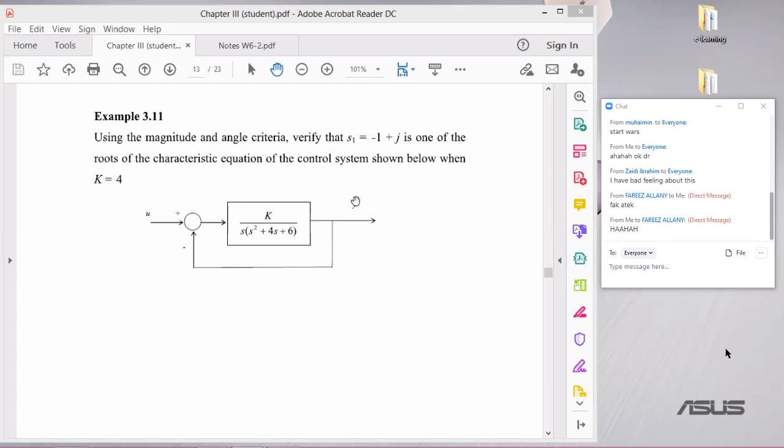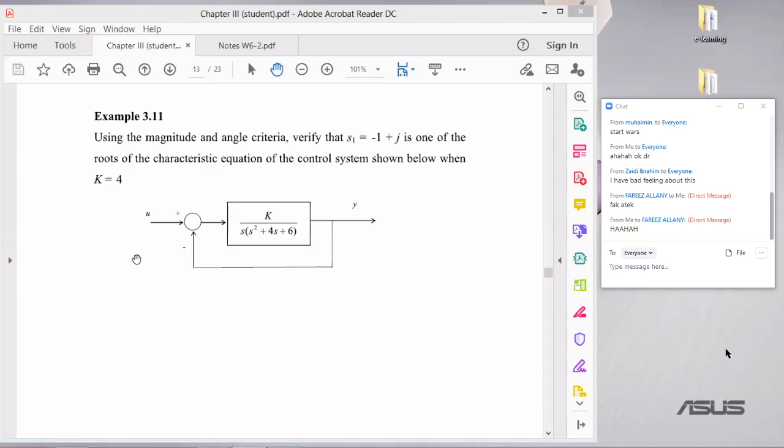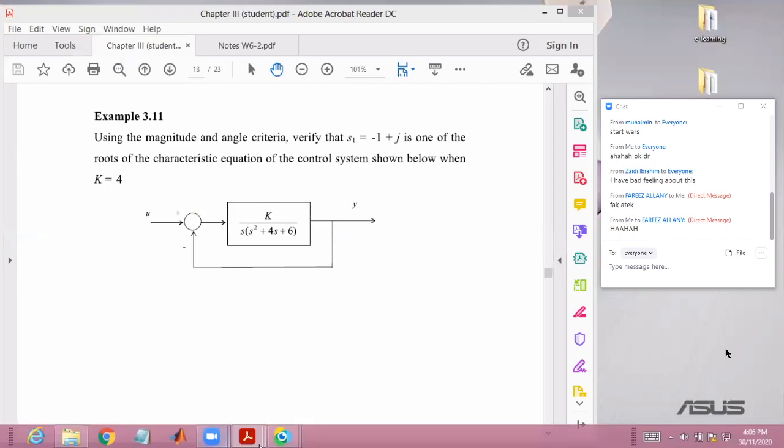What is this root locus anyway, and what is the characteristic equation, so that it can make some sense to us? Of course, we can go through the mathematics and then prove that this is a root of the characteristic equation using this magnitude and angle criteria. But let us recap what we have done before.